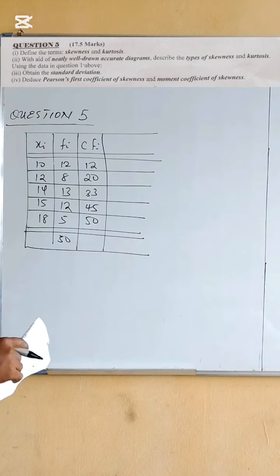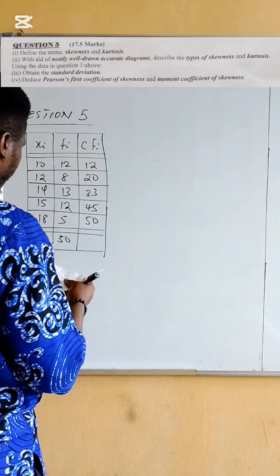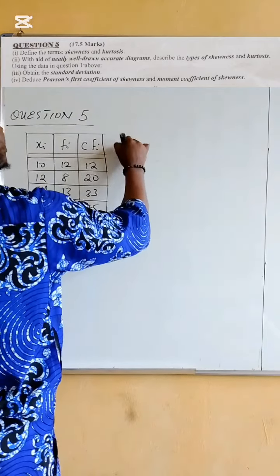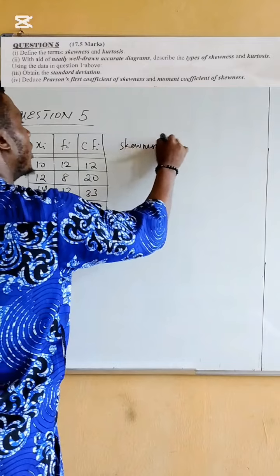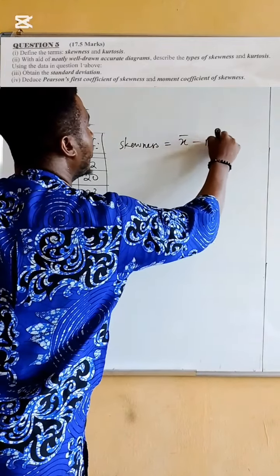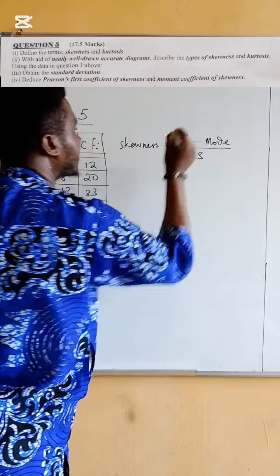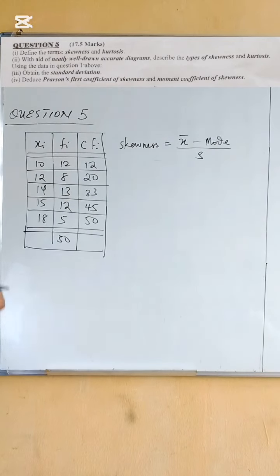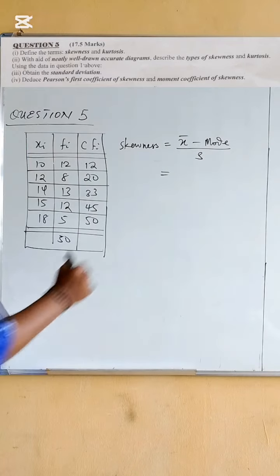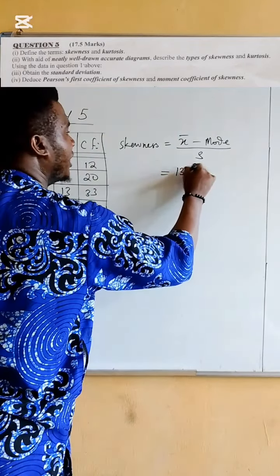So the Pearson's first coefficient of skewness is given as skewness equals the mean minus the mode all over the standard deviation. Recall that we had our mean to be what? 13.36.